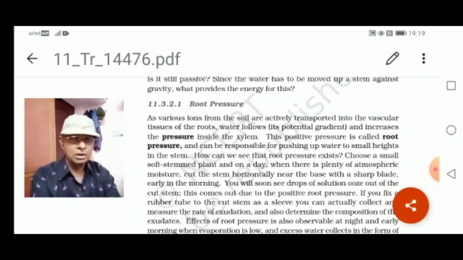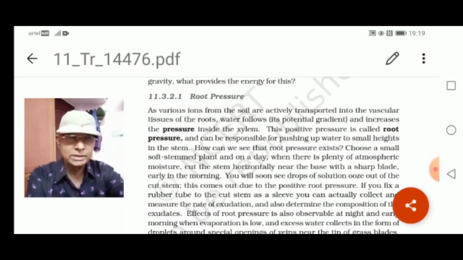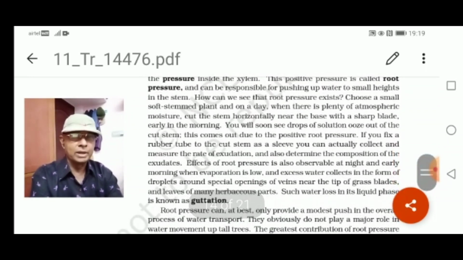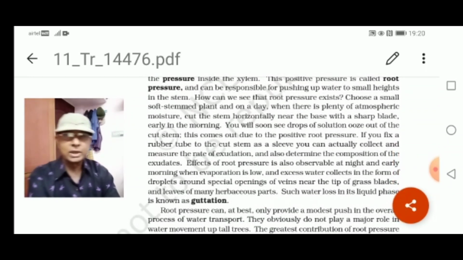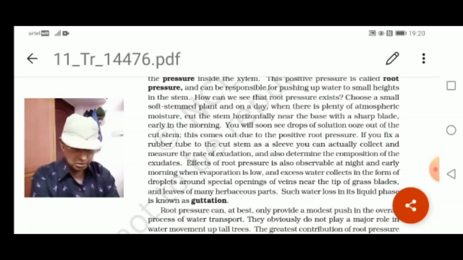If we fix a rubber tube to the cut stem as a sleeve, you can actually measure the rate of exudation and also determine the composition of the exudates. The effects of root pressure are also observable at night and early morning, when evaporation is low.